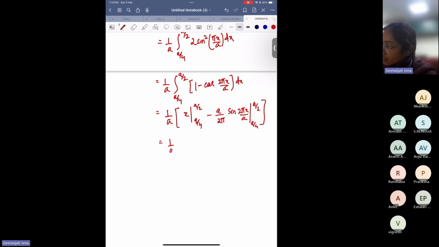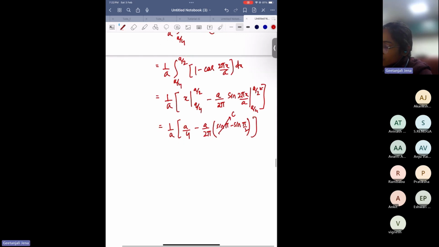So 1 by a, this will give a by 4 minus, now this is a by 2 pi. Now if you see the upper limit, it is sine pi minus the lower limit sine pi by 2.